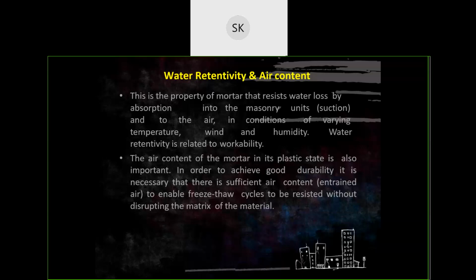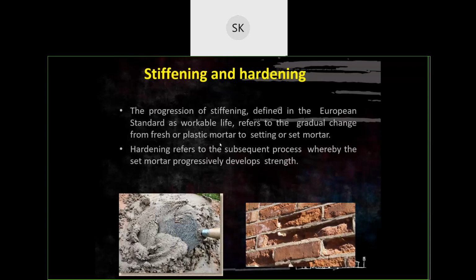In order to achieve good durability, it is necessary that there is sufficient air content to enable freeze-thaw cycles to be registered without disrupting the matrix of the material. So it should be water resistant, and there should be some amount of air content so that it can breathe.